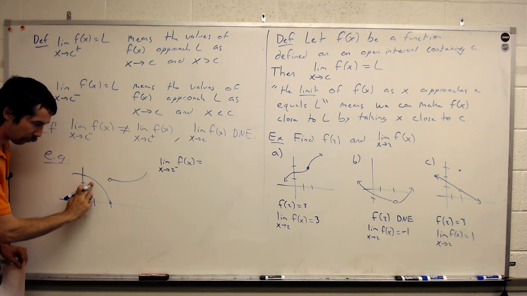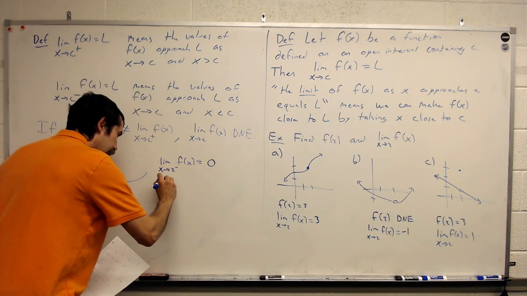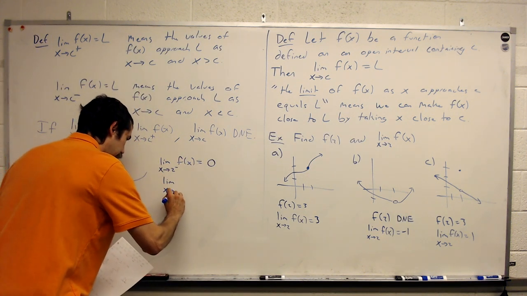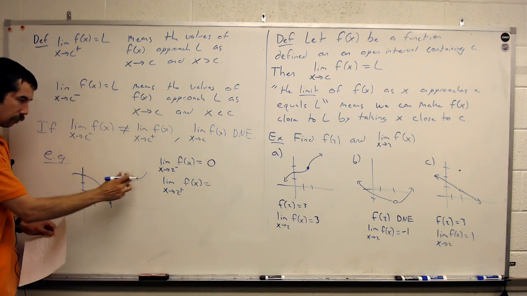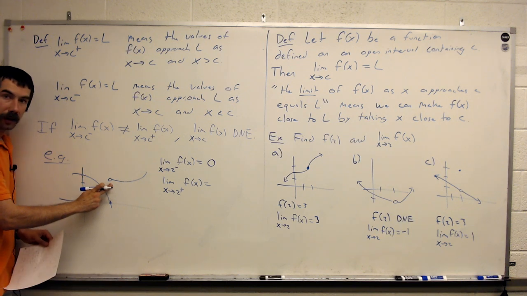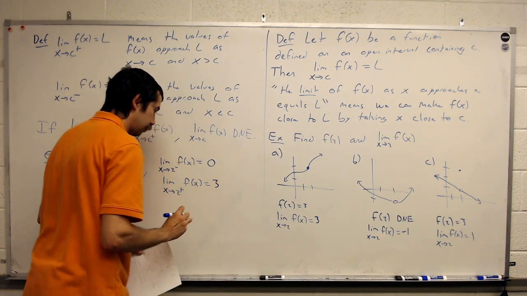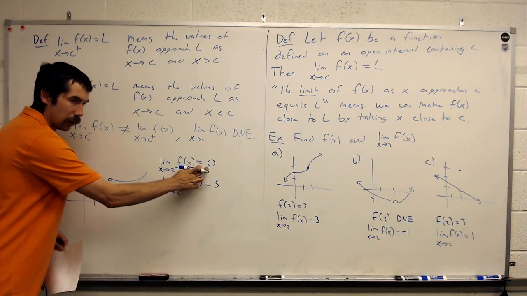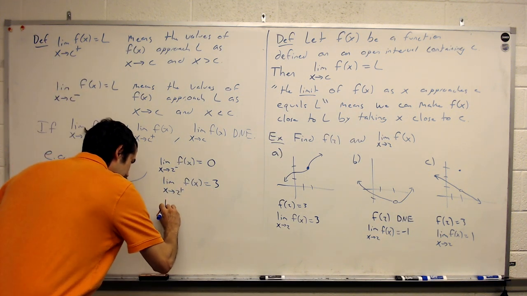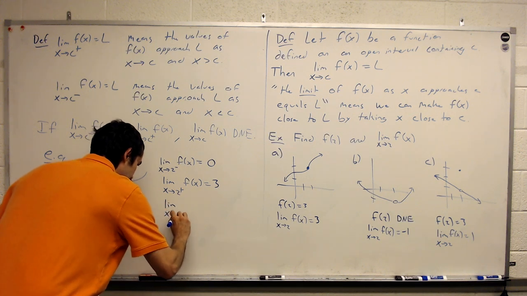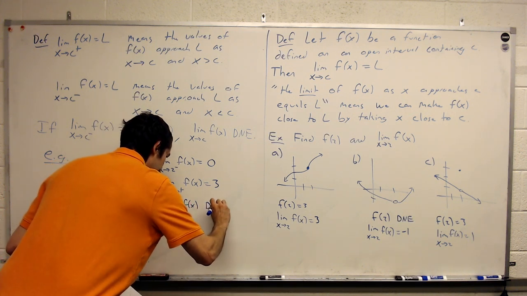As we travel along from the left, we approach 0. And the limit as x approaches 2 from the right of f of x equals, well, when we come in from the right, our function's value is 3. So this is 3. And 0 is not equal to 3. So we know that the limit as x goes to 2 of f of x does not exist.